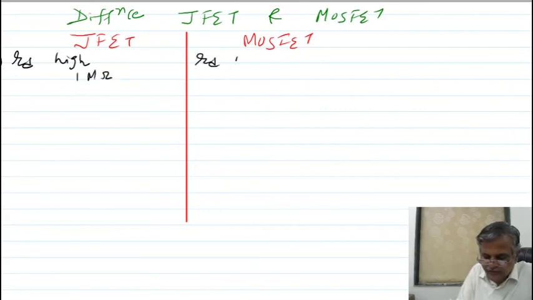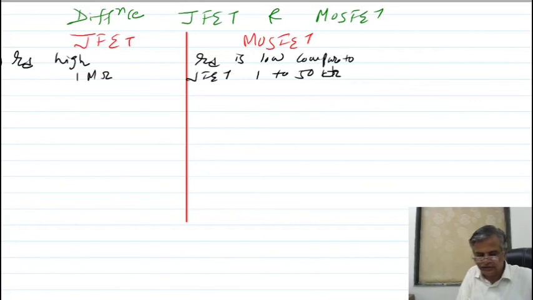In MOSFET, drain resistance is low compared to JFET, of the order of 1 to 50 kilo ohm. So what is the effect here?